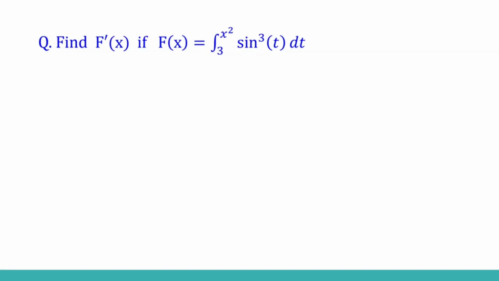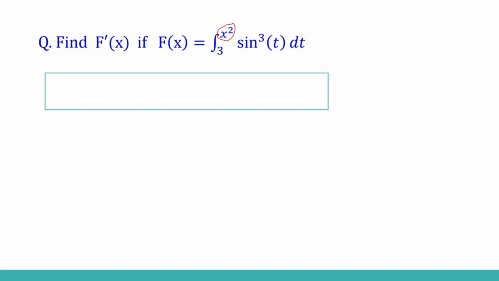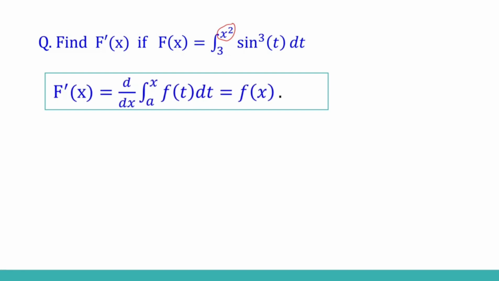Here capital F(x) is the integral from 3 to x squared of sin^3(t) dt. Now look at this. With respect to the previous problem, the only difference is in the upper limit, which is x squared, a function. So we have to solve this using a modified formula. This is the original formula for the fundamental theorem.